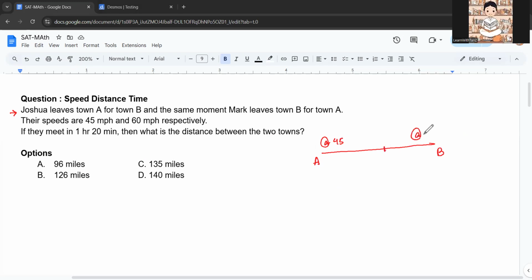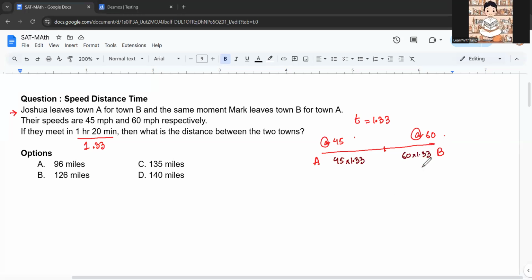Mark is going at the rate of 60. They are both taking this time, 1 hour 20 minutes. So that is 1.33 hours. So 45 and the time for both of them is 1.33. That means this guy here traveled 45 times 1.33 and Mark travels 60 times 1.33.